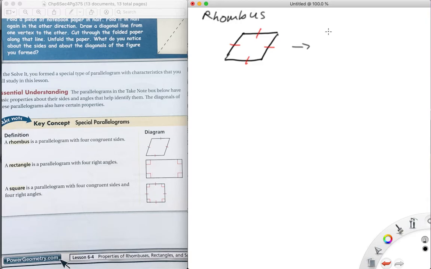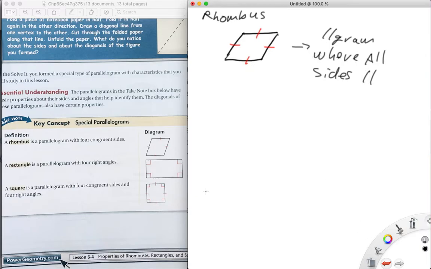So a rhombus is a parallelogram where all sides are congruent.